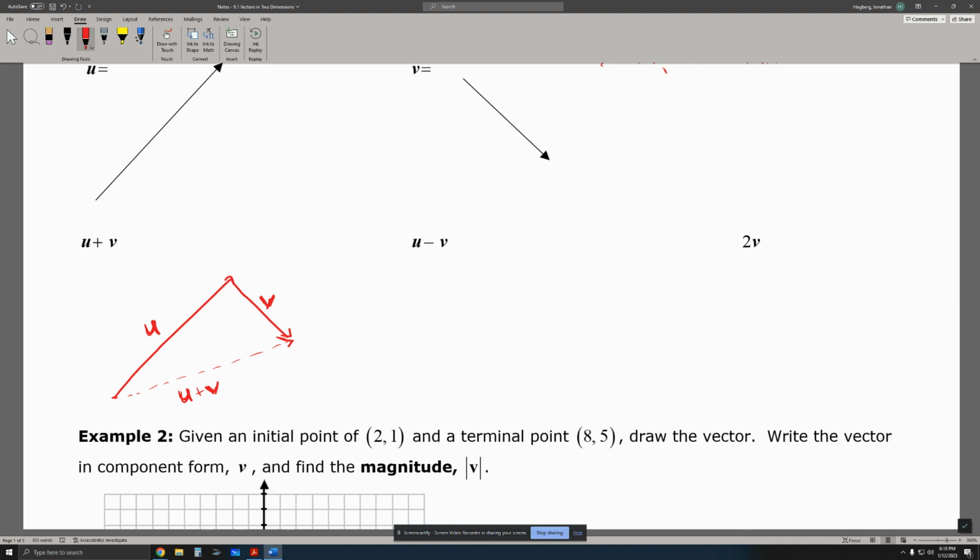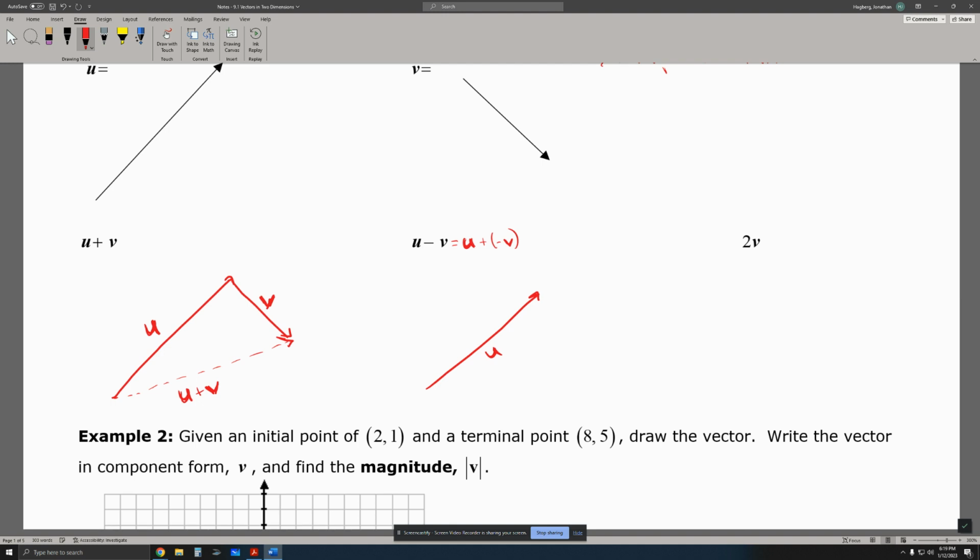Now, u minus v, you might know, would be similar to writing u plus negative v. So what putting a negative in front of a vector does is it reverses the direction. So we can just add these two vectors, but now we're going to reverse the direction for v. So we'll start with u.